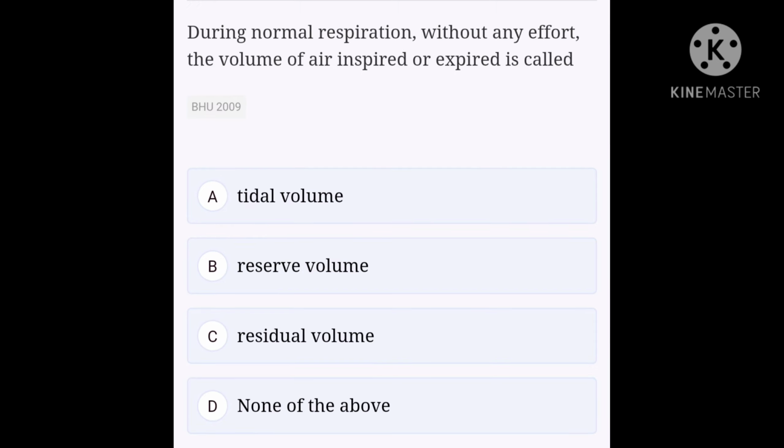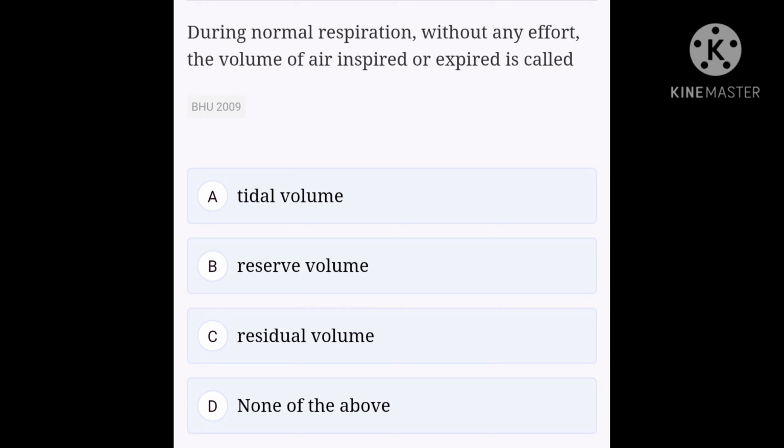During normal respiration without any effort, the volume of air inspired or expired is called option A tidal volume, option B reserve volume, option C residual volume, option D none of the above. Tidal volume is the volume of air inhaled or exhaled during quiet breathing. Inspiratory reserve volume is the extra volume of air that can be inhaled into lungs during maximal inspiration.